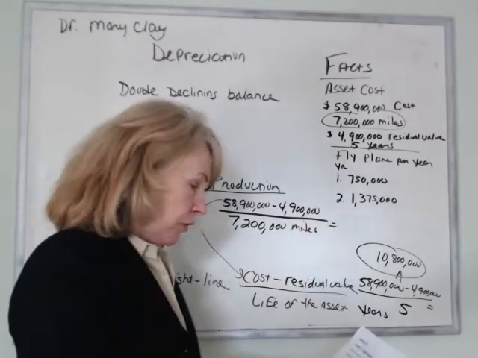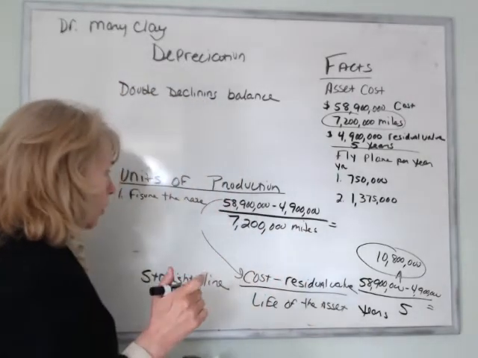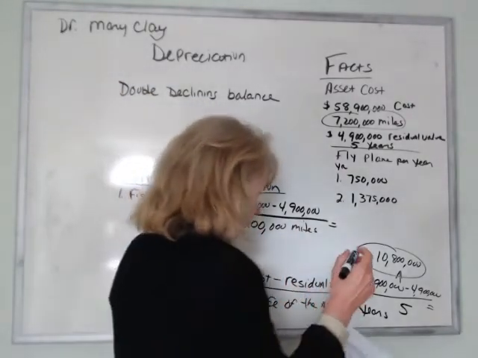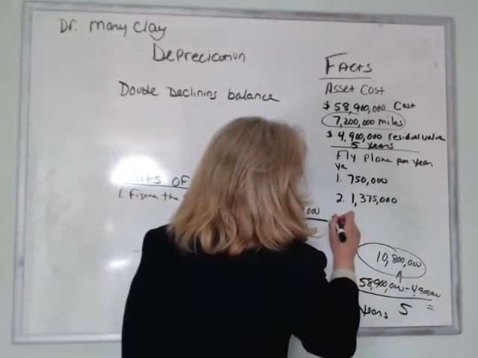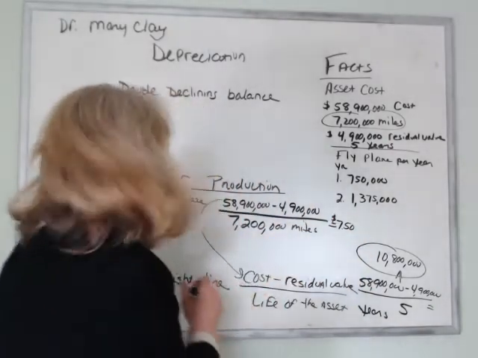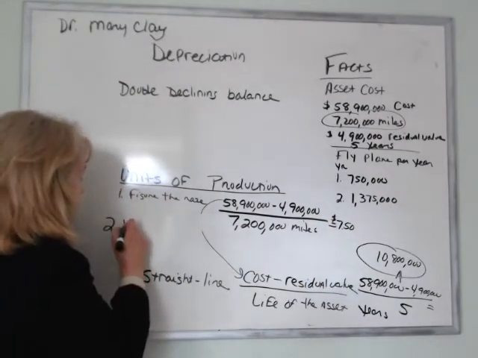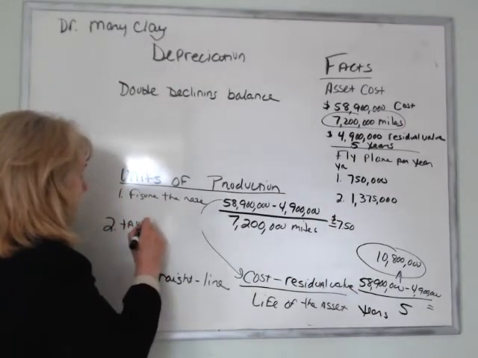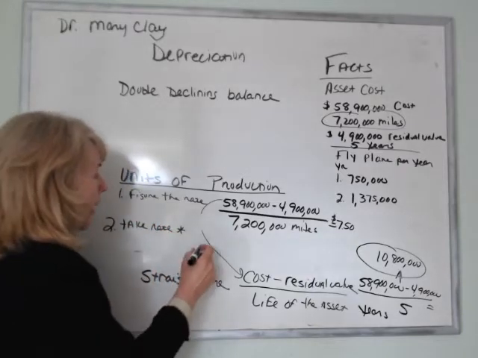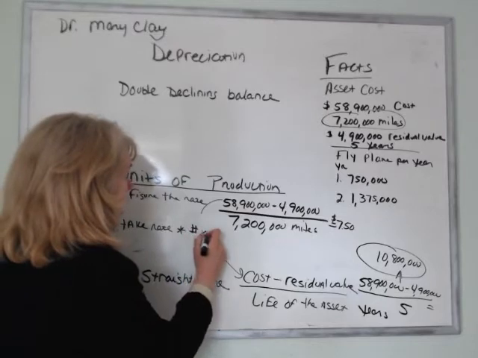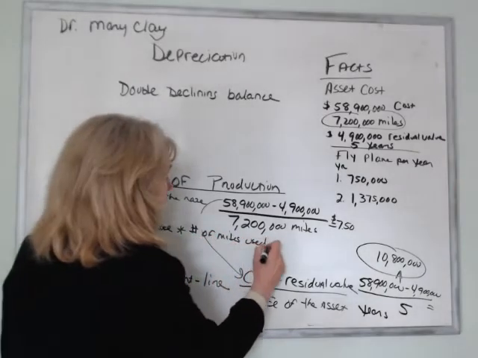All right, so you just divide it out in your calculator. That's step one, though. So your rate to step one is $7.50. That's step one. Now we're on step two. Take your rate, so take rate and multiply by the number of miles used during the year.